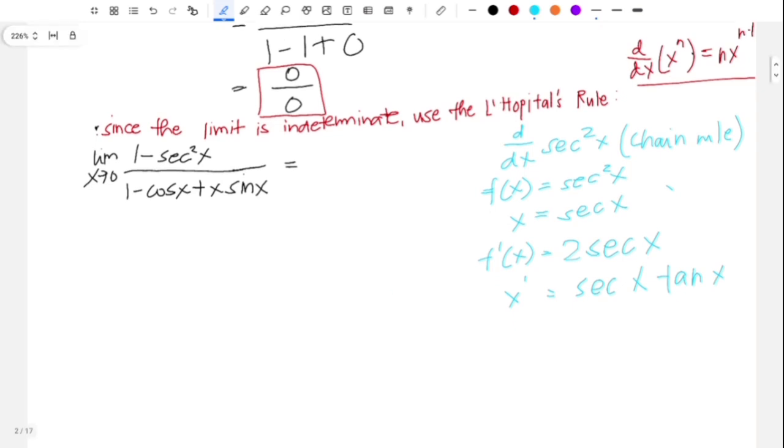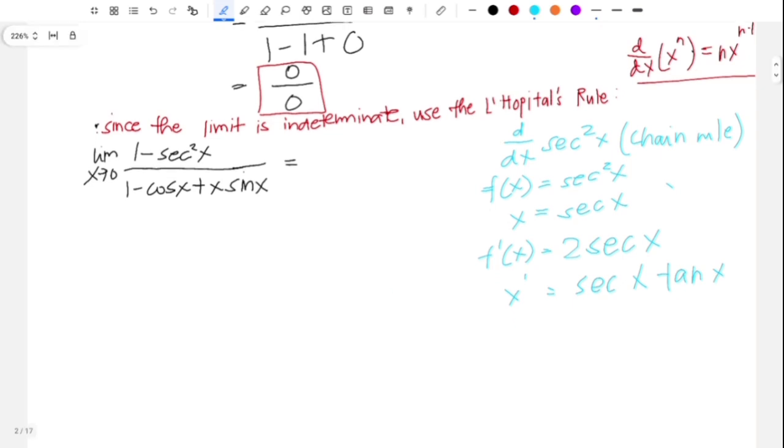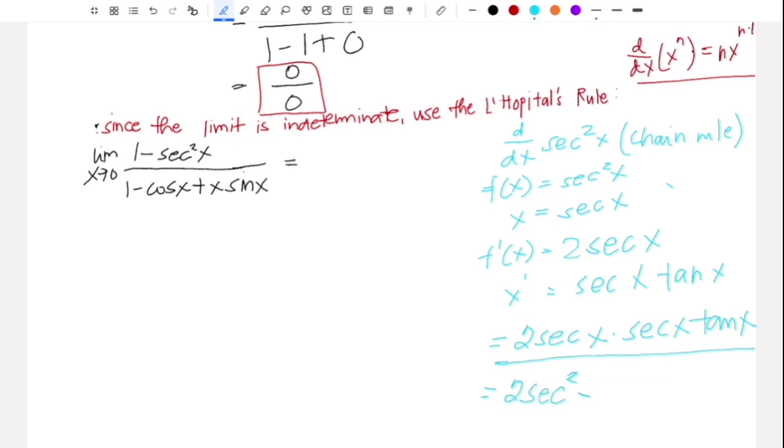Then after that, we combine both. We multiply both. Then we will get 2 secant x tangent x here. But we can still simplify this as 2 secant x squared tangent x.